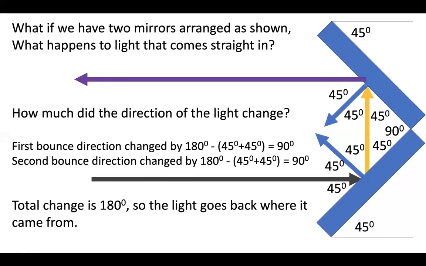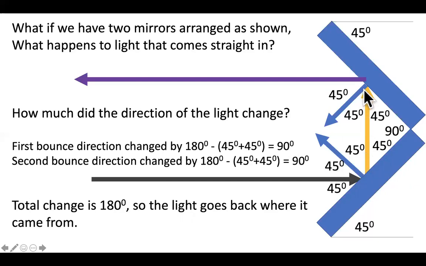And we can actually confirm that just by looking at the numbers. So in this case, the light was originally going to the left, now it goes up. The angle between this ray and this ray is 45 plus 45 degrees. The amount by which the light was bent, because otherwise it would go straight, is just 180 degrees minus that sum of 45 plus 45 degrees, which is 90 degrees.